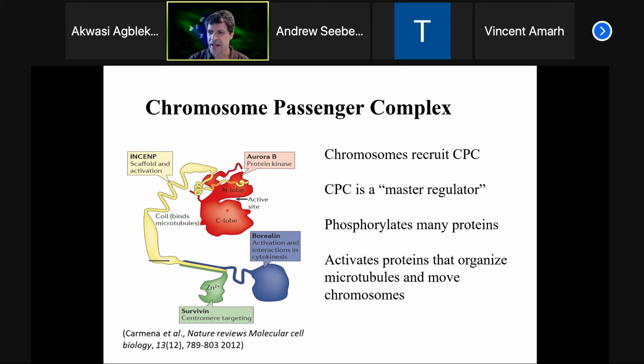And at the same time, we're expressing a transgene, which has been made resistant to the RNAi by a few silent changes. And then we'll mutate this molecule to address function. Okay, so that's the basic method that we're using for this talk: knocking out the endogenous gene, seeing what happens, and then bringing back an RNAi-resistant form, often mutated in a certain way.